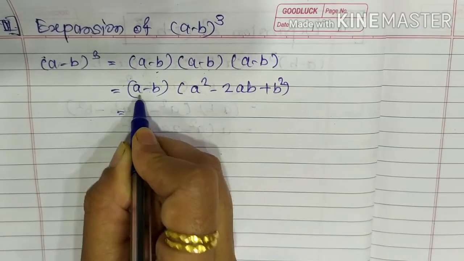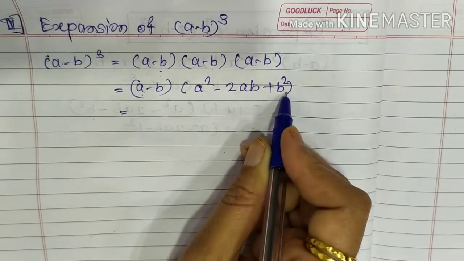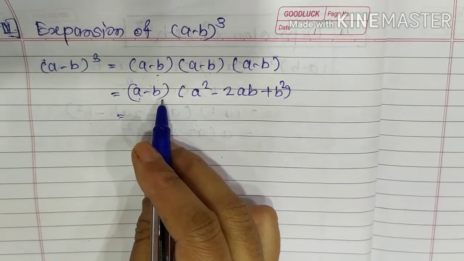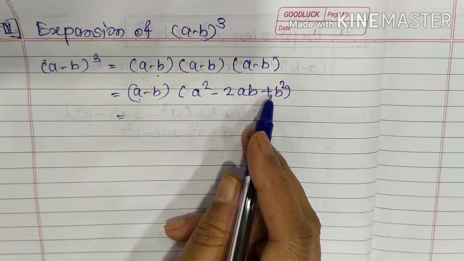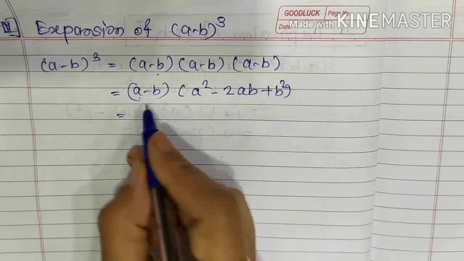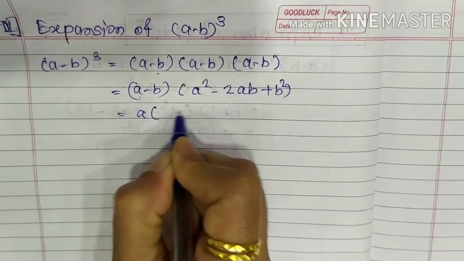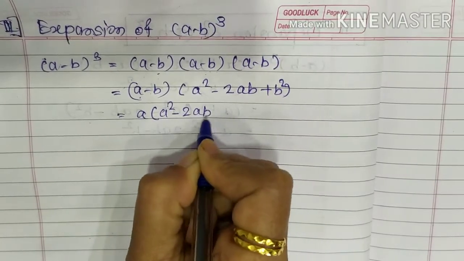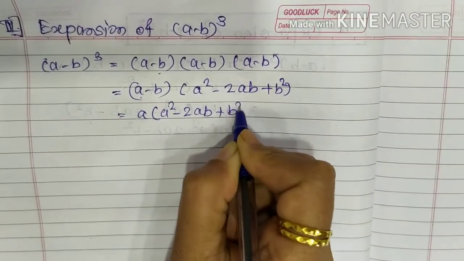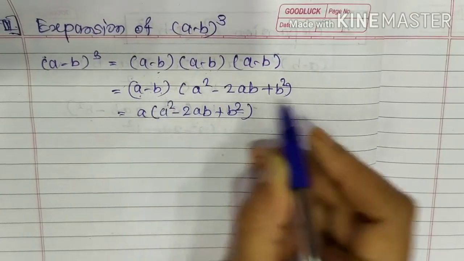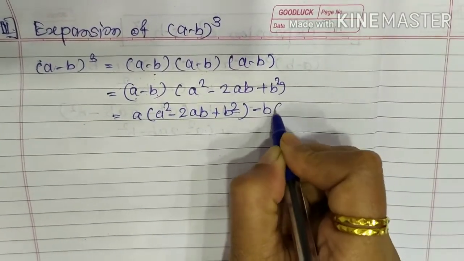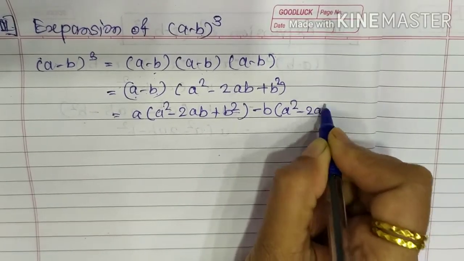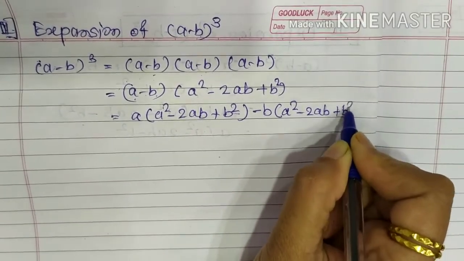This a is multiplied to all of this bracket and this b is also multiplied to all of this bracket. So write a into (a square minus 2ab plus b square) minus b multiplied to (a square minus 2ab plus b square).